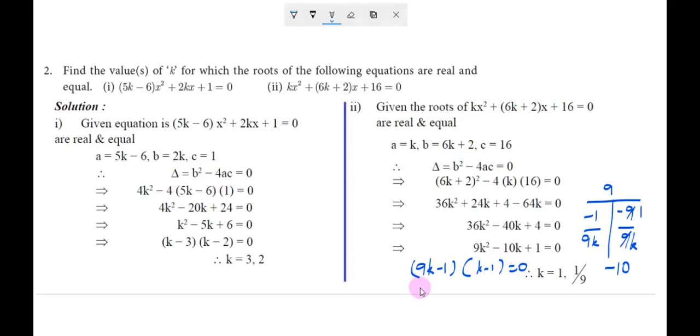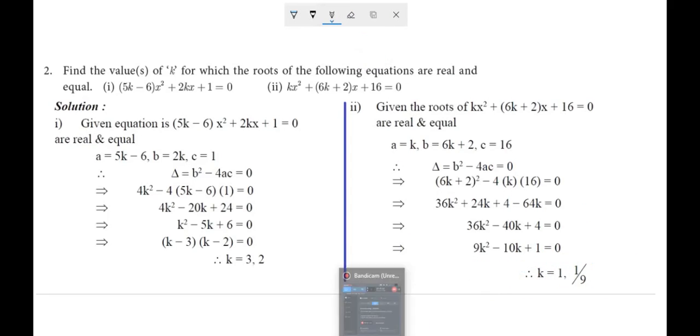So next 9k minus 1, I write the step here, so 9k minus 1 equal to 0, so k equal to 1 by 9, there k equal to 1, so we get k equal to 1 and k equal to 1 by 9. Understood? Okay.